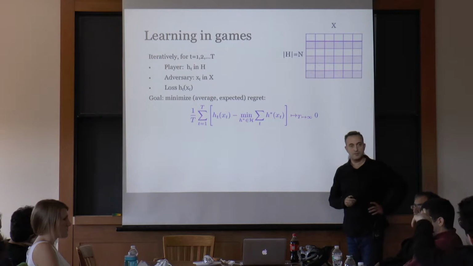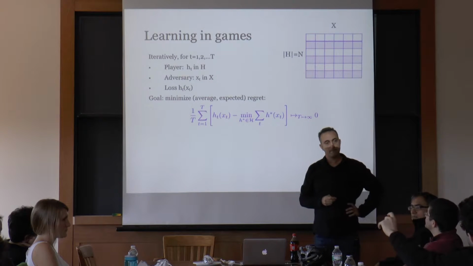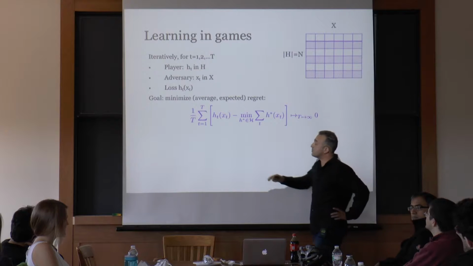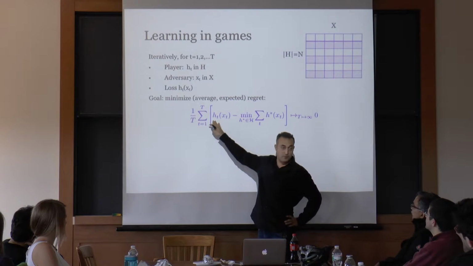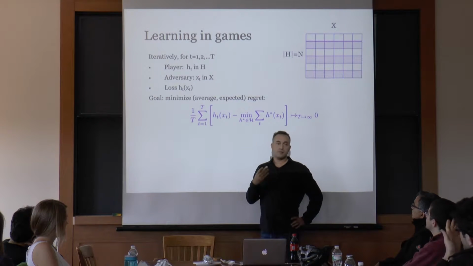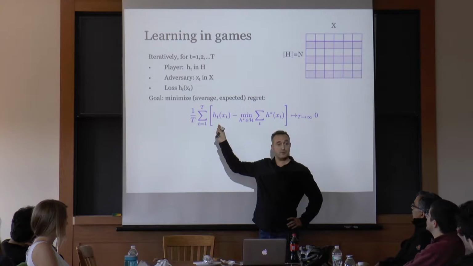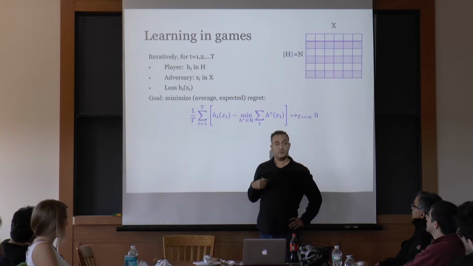Just to be clear, the fixed one has to be a pure strategy, or it could be a mixed strategy that you're forced to use the same every time? Okay, that's a good question. The strategy of the player, the row player, the one that plays the hypotheses, can play mixed strategies too. And in that case, you measure the expected average regret. This is a good point.